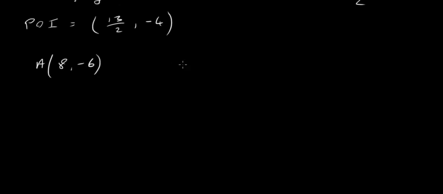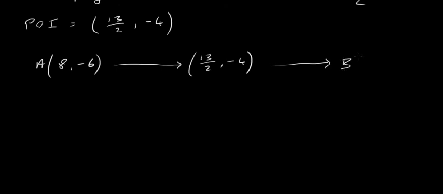C was 13 over 2 minus 4. This was our point of intersection here. And on the other end of our line segment we had B, and the B was 5 minus 2. Now, this point is in the middle here internally between A and B.